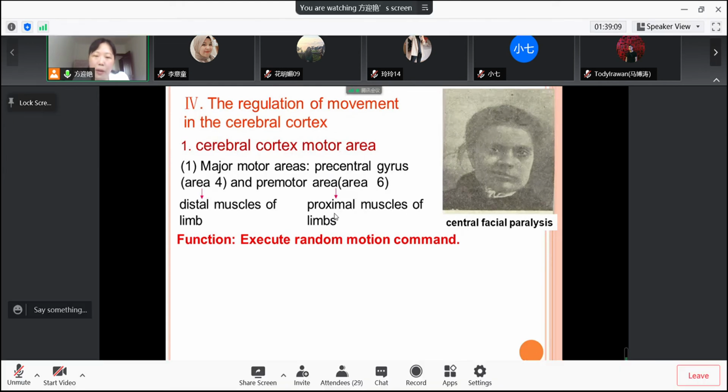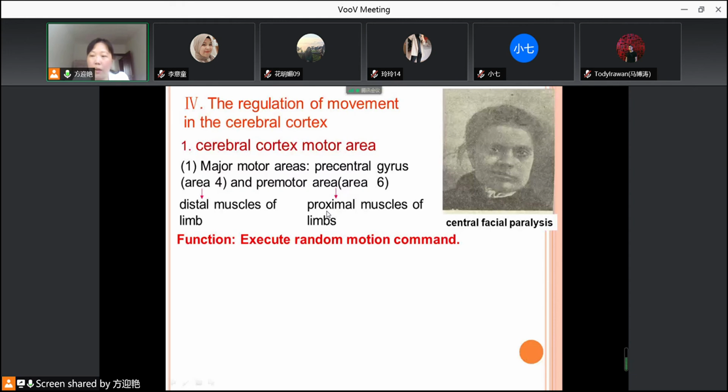That means if the proximal muscles of the limb have movement dysfunction, maybe area 6 is damaged. And if the distal muscles of the limb have dysfunction, we know the major damage is in area 4.